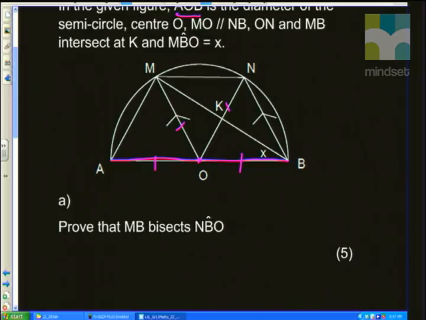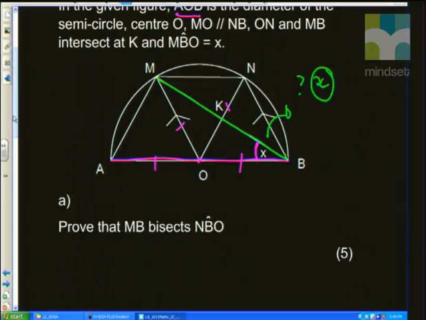So this is X. In order for us to show that MB bisects NBO, we need to show that this must be X. And then we conclude by saying that MB bisects NBO.